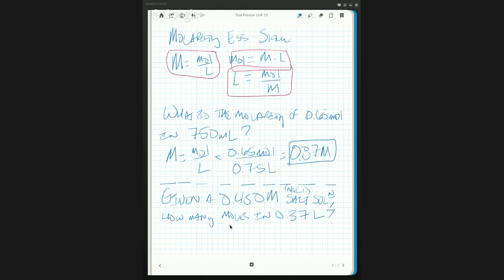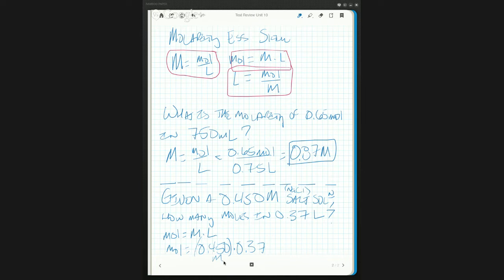And in this situation, you would have to remember that, back up here, moles equals molarity times liters. That's that manipulation of the equation. So moles is equal to 0.450 times 0.37.